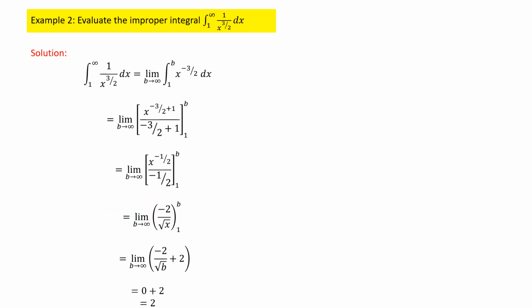Question number 2, integral 1 to infinity, 1 over x to the power 3 by 2. So again, here also, in place of the upper value, I have infinity. So let me rewrite this problem as limit b approaches infinity, integral 1 to b, x to the power minus 3 by 2. If I integrate x to the power minus 3 by 2, that will give you x to the power minus 3 by 2 plus 1 divided by minus 3 by 2 plus 1.